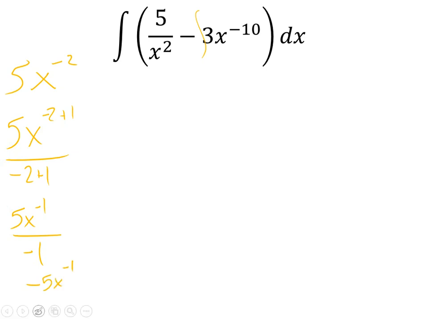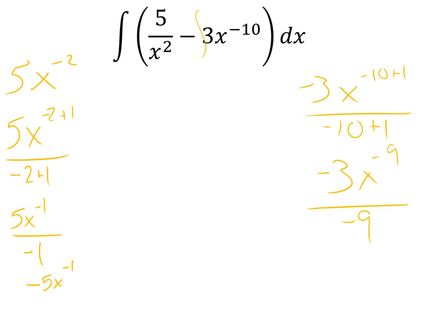Okay, so there's our first one. And now the second one, we'll have -3x to the -10 plus 1 all over -10 plus 1, which would be -3x to the -9 all over -9. That reduces down to x^-9 all over 3.